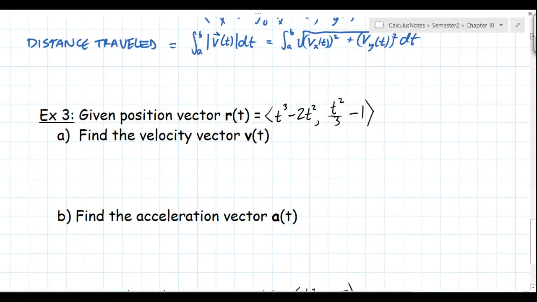Okay, so go ahead and use the relationship between position, velocity, and acceleration to write a velocity vector and an acceleration vector given the initial position vector up the top.